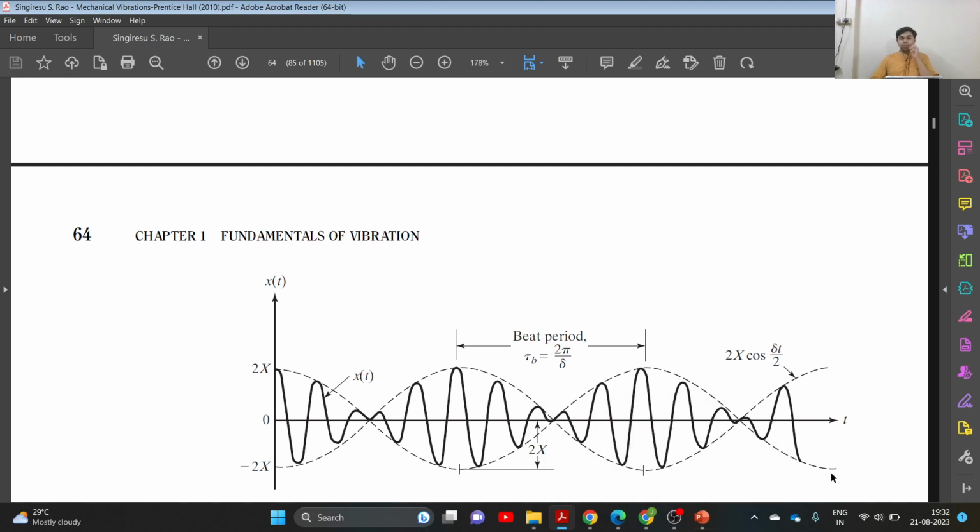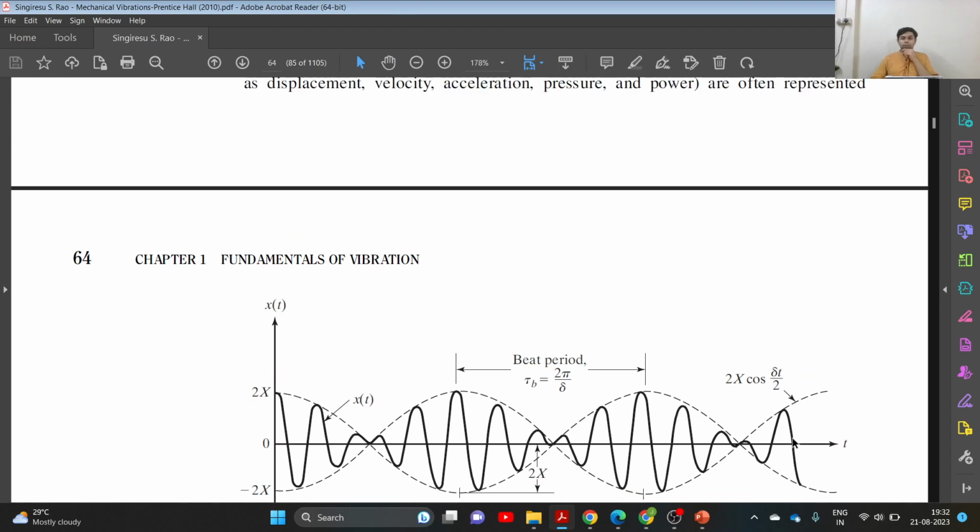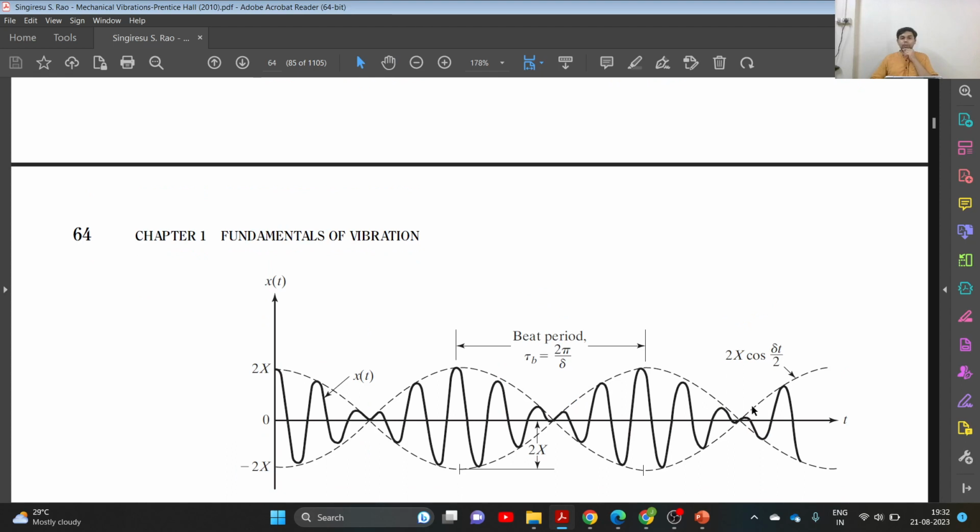What will be double of that? The sine wave's time period. Yes, it will be double of that. But that formula is saying it should be 4 pi by delta.